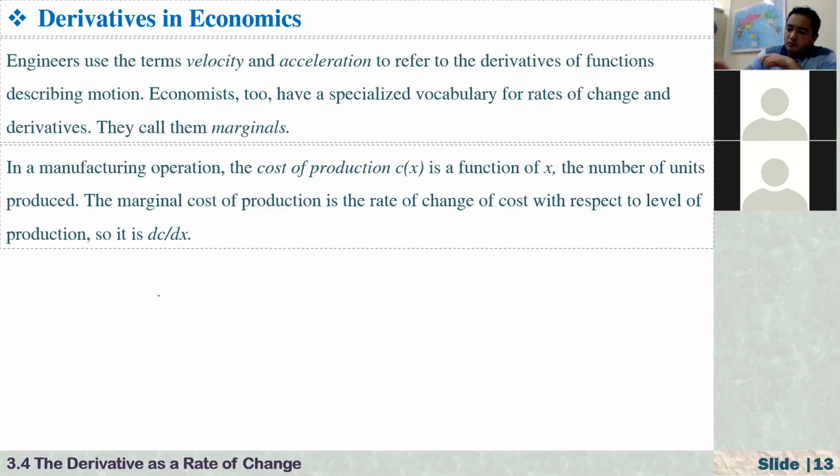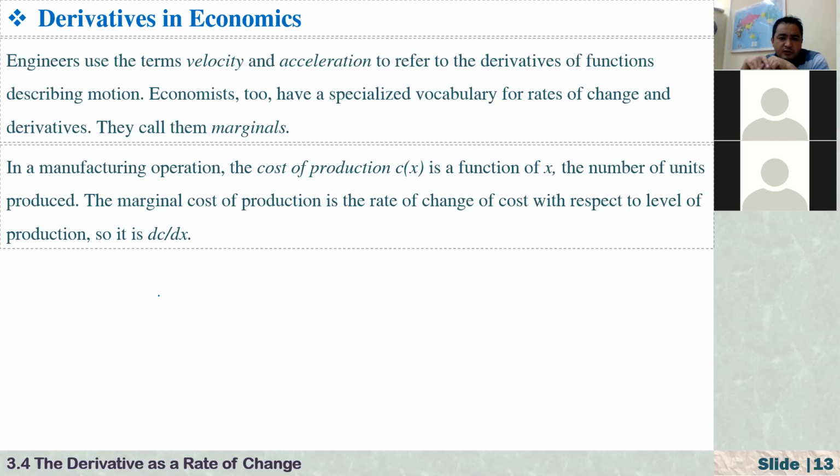Okay, so one more thing, for the last 2 minutes, is about what the derivative is in economics. Engineers use the terms velocity and acceleration to refer to the derivatives of functions describing motion. Economists too have a specialized vocabulary for rates of change and derivatives. They call them marginals. Marginal means just the instantaneous rate of change of the production level.